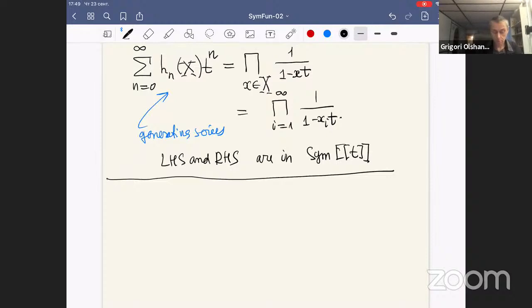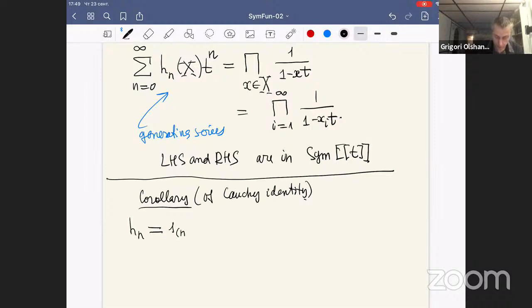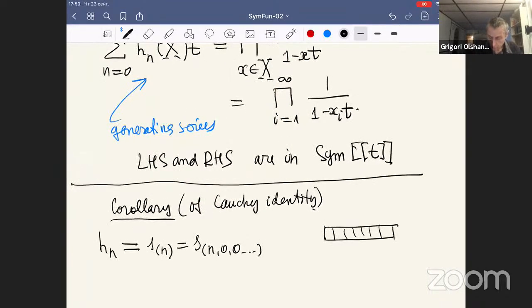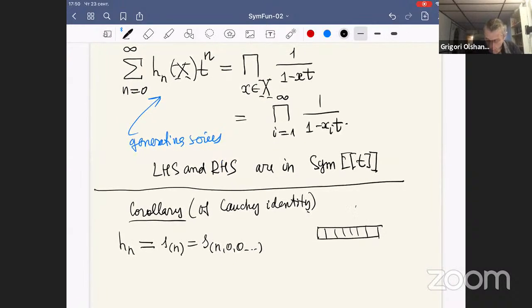And as a first corollary of the Cauchy identity, we get the following: h sub n is equal to the Schur symmetric function indexed by the one row Young diagram, which means the Schur symmetric function indexed by the partition which corresponds to the Young diagram with one row and n boxes.